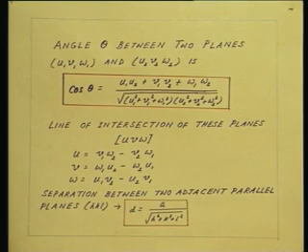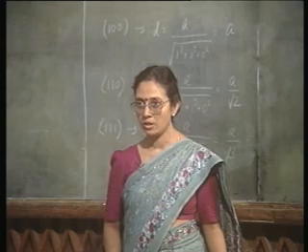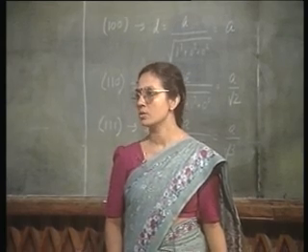Look at the angle between two planes. Cos theta is given by this relationship. Now, suppose you have a 100 wafer.